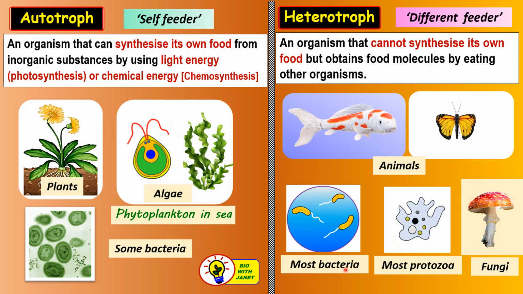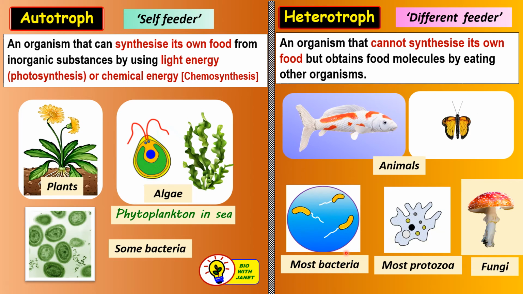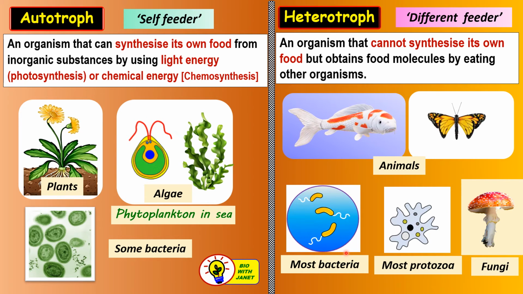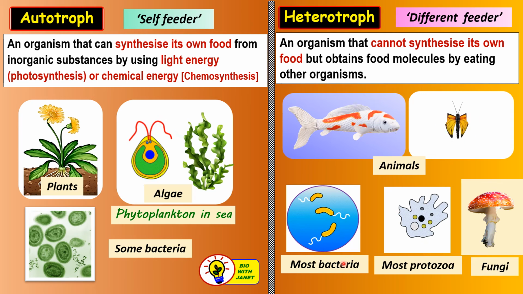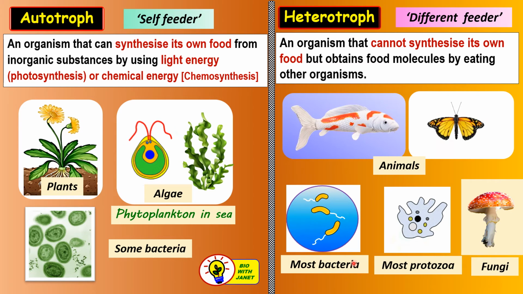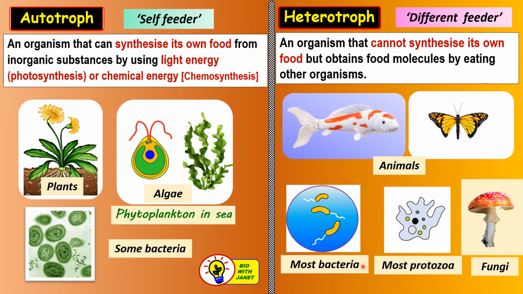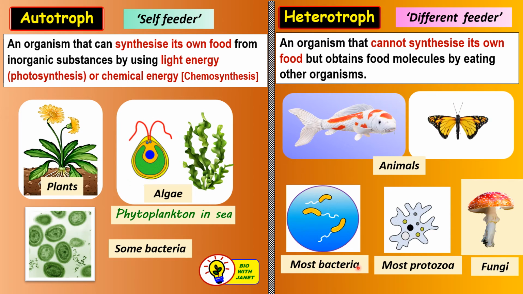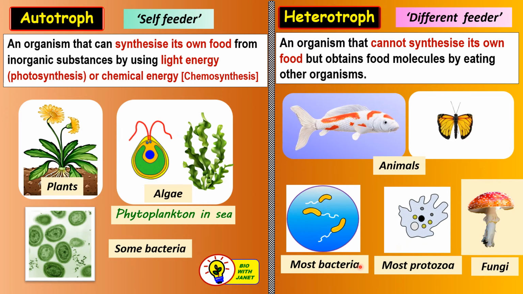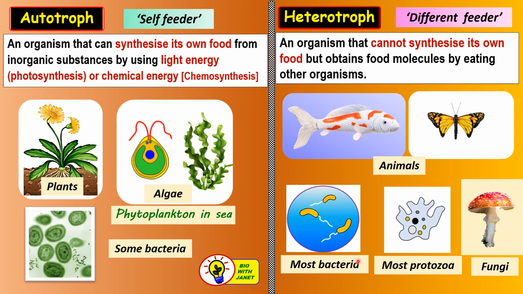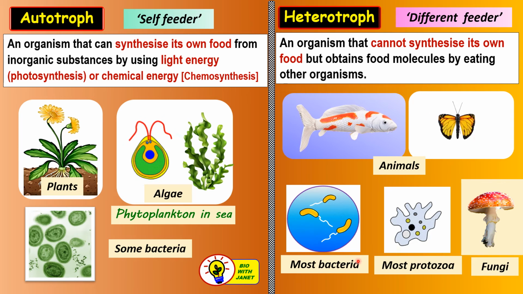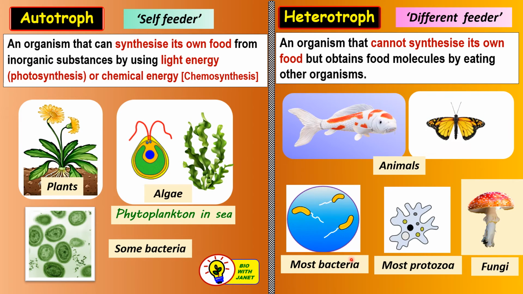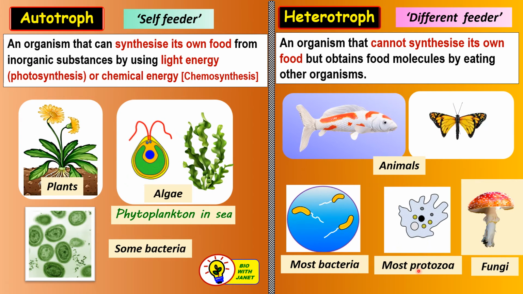But they obtain their nutrients from the host. So this is one type of bacteria, and the other type of bacteria decomposes food or waste substances or other substances. So when they decompose the organic substances, they get their energy from there, okay? But they cannot synthesize their own food through photosynthesis or chemosynthesis.